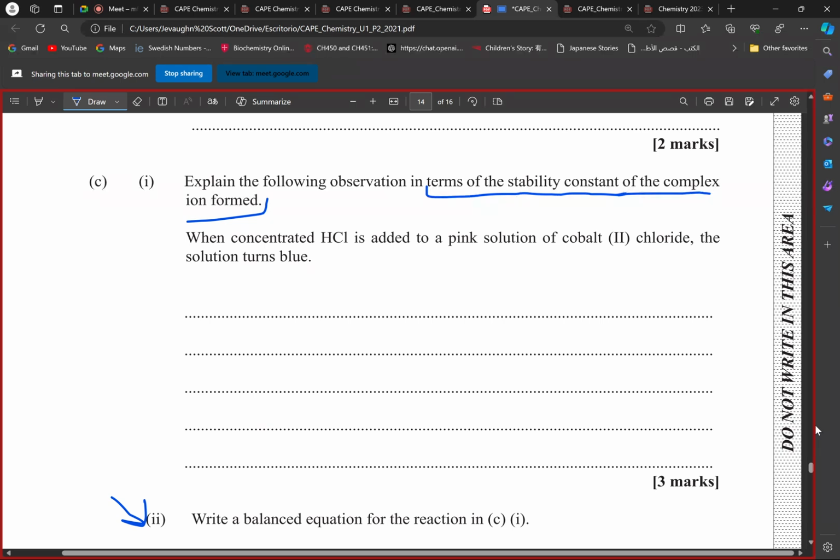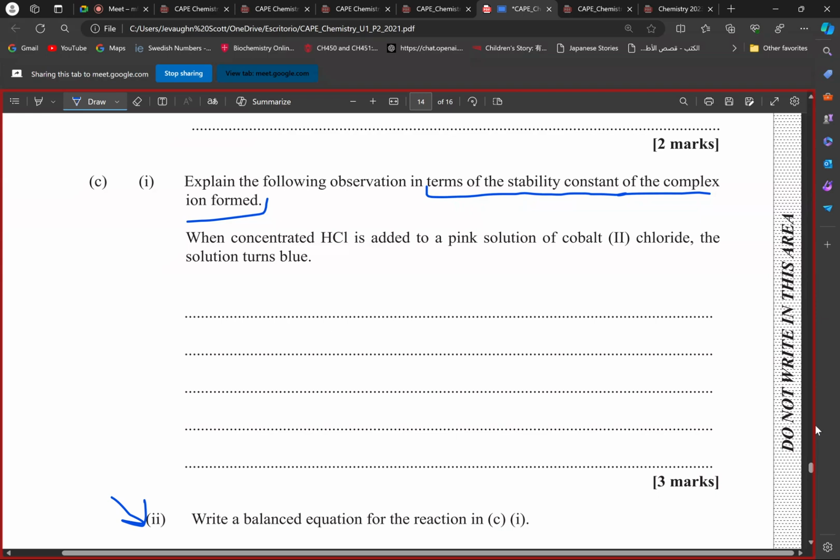The only way a ligand exchange can occur is if the stability constant is high. So if it is high, that would mean that the tetrachlorocobalt complex would be more stable than the hexaaqua cobalt complex. That is what's happening.